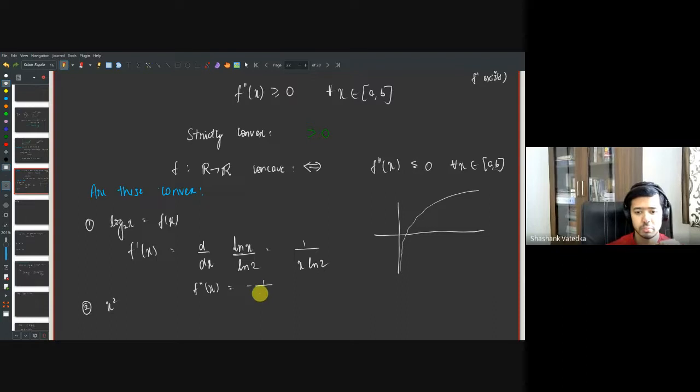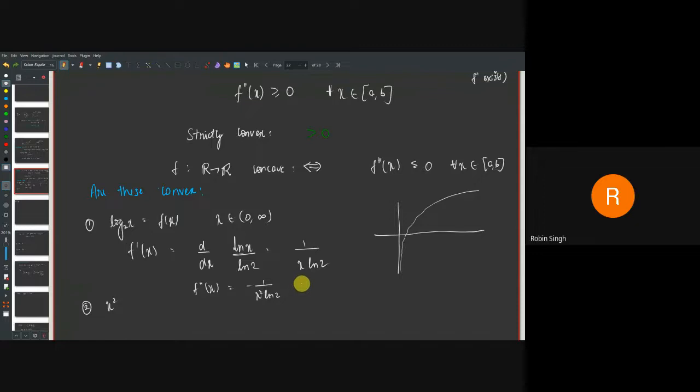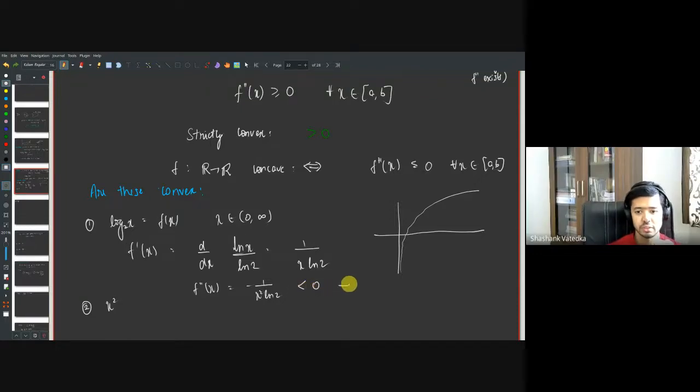Correct. Of course, we're defining all of this for x in the interval 0 to infinity, so it's only for the set of positive reals. And what can you say about f double prime of x for x in 0 to infinity? Less than 0. So it is strictly less than 0, right? So this is a strictly concave function.